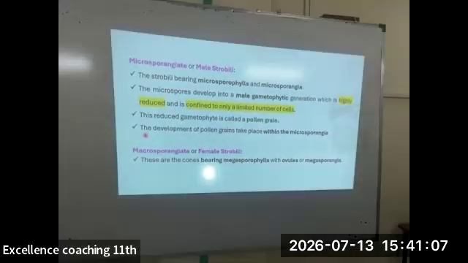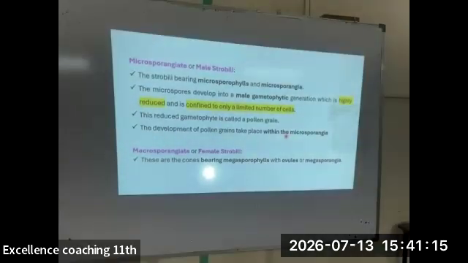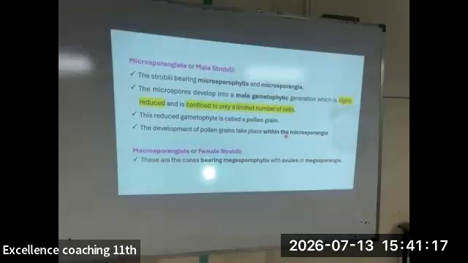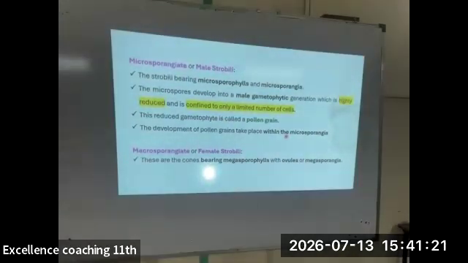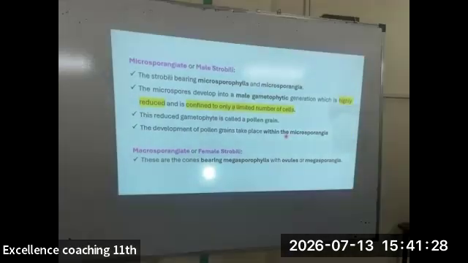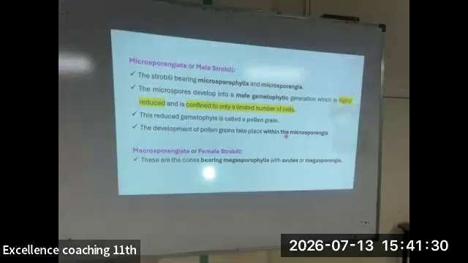Then the development of pollen grain takes place within the microsporangia, at the same place where they are present. What does development mean? The plant does not bear reproductive structures when it is just growing. It reaches a reproductive stage, and after that it starts developing its gametophytes.